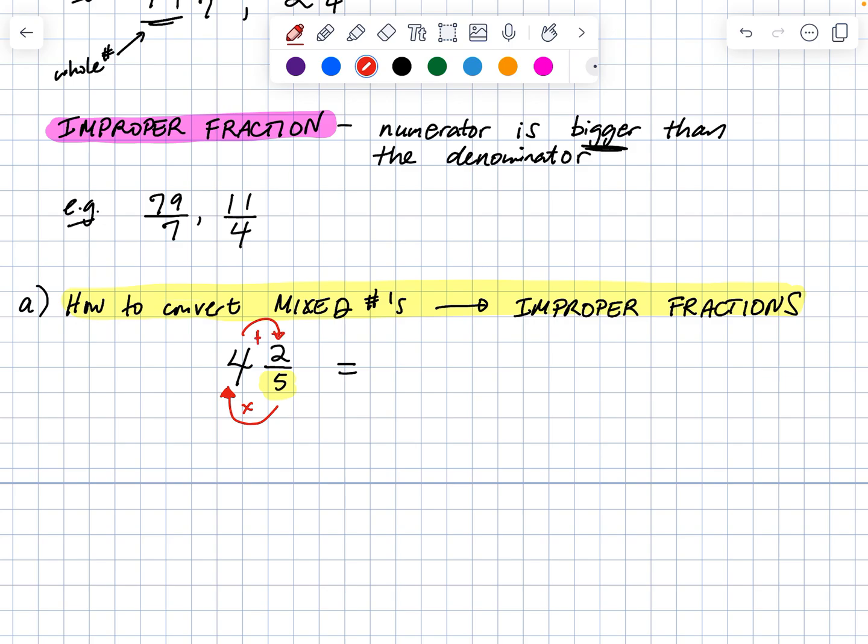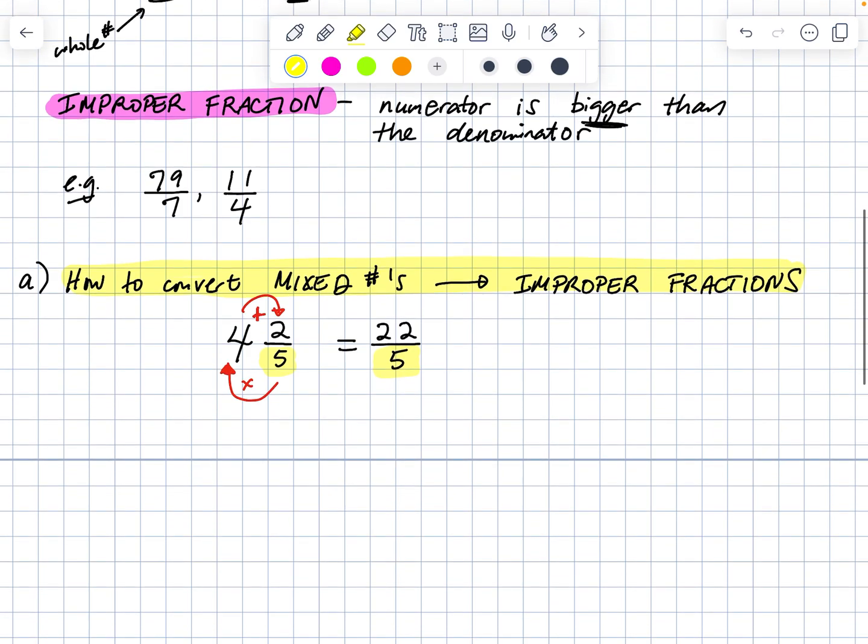So you multiply 5 times 4, the whole number, and then you add the numerator. So your result: 5 times 4 is 20, plus 2 will give you 22. Now, you always keep the same denominator. So the denominator stays the same.